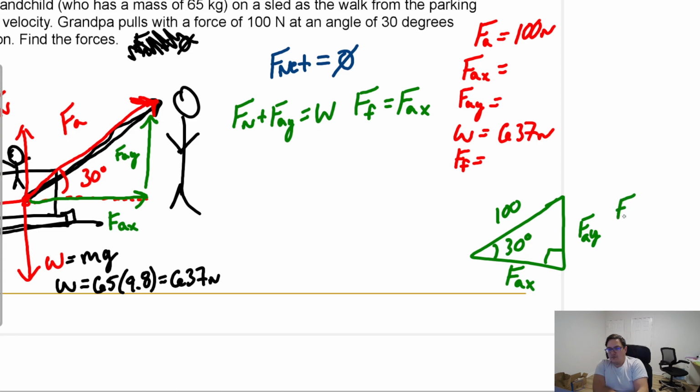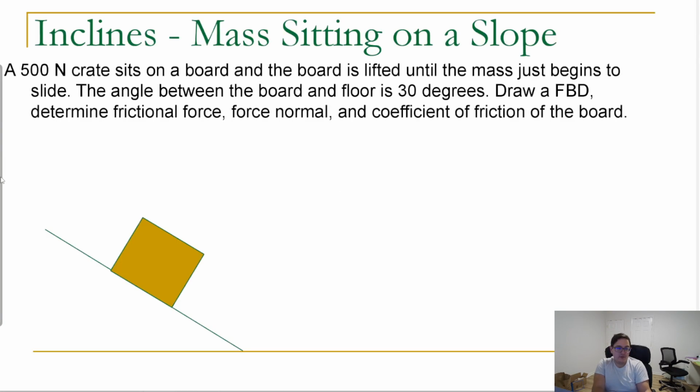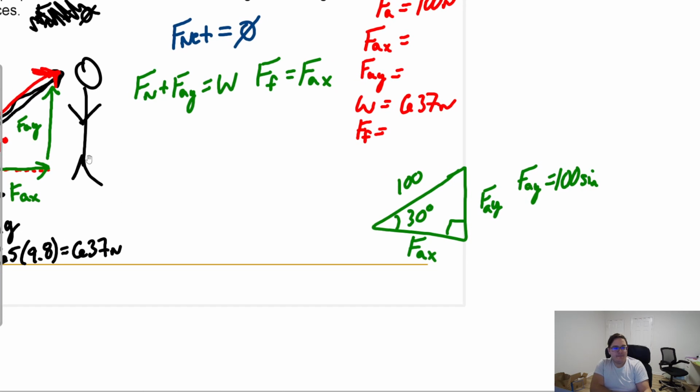So force applied in the y equals 100 sine 30. We also know that force applied in the x direction is 100 cosine 30. At this point, you should be able to do that part on your own.